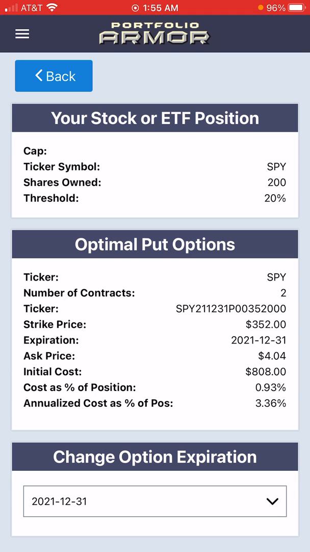Now it's $808 to hedge against a greater than 20% decline in a $50,000 portfolio. And this will actually give you extra protection because this is based on 200 shares of SPY rather than 115, which is closer to the dollar value of your portfolio. So something to consider if you are concerned about market risk.